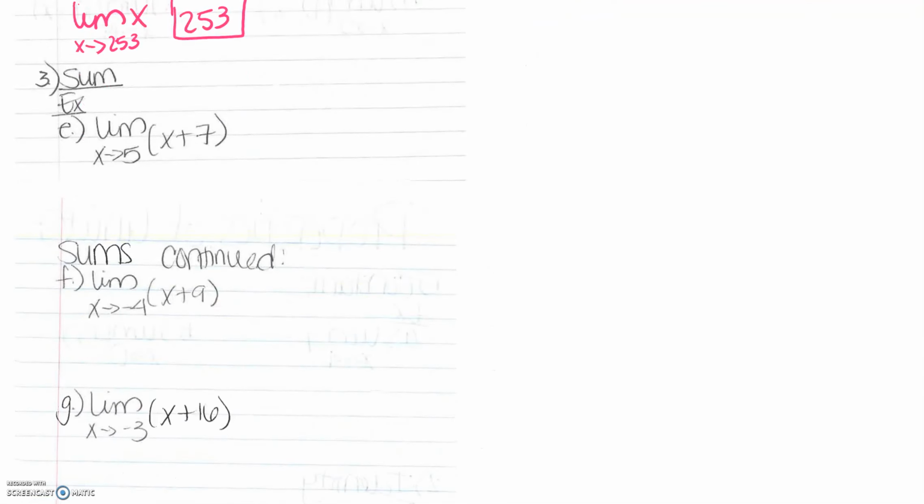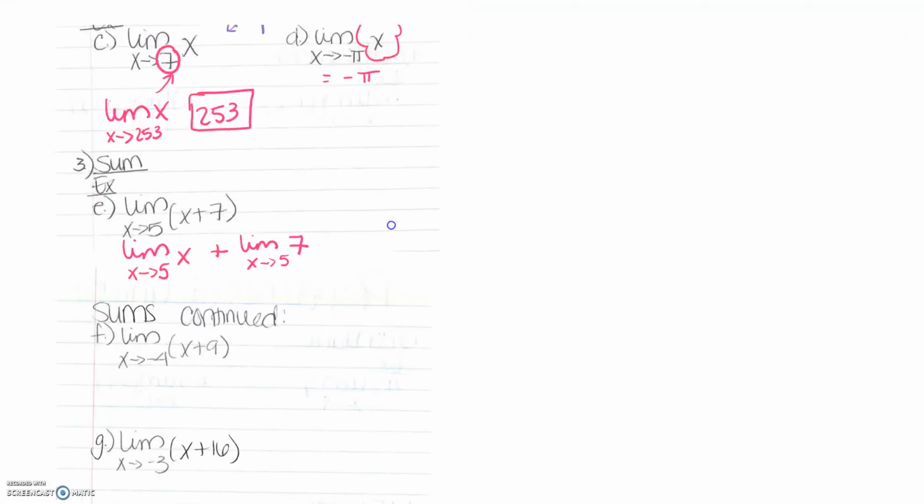If you want to find the limit of a sum, you can very easily separate it to be the limit of x as x approaches 5 plus the limit of 7 as x approaches 5. Now here are the two rules.